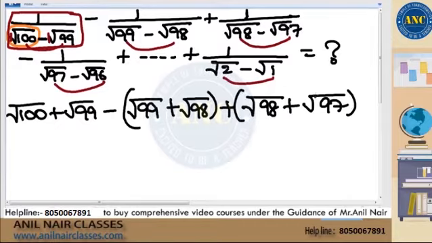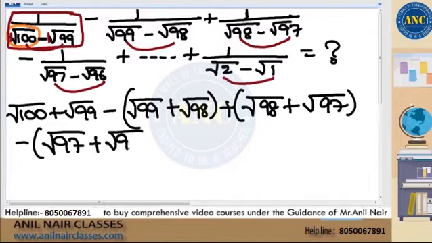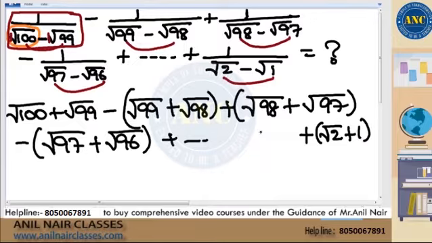Root 98 plus root 97, and it continues. I believe that you are able to understand it very clearly. And then it is minus of root 97 plus root 96, and then it keeps continuing. The last term is root 2 plus root 1. Before that it will be minus of root 3 plus root 2, right? It will be root 3 plus root 2.